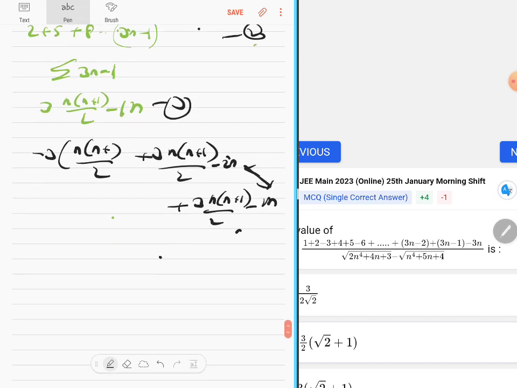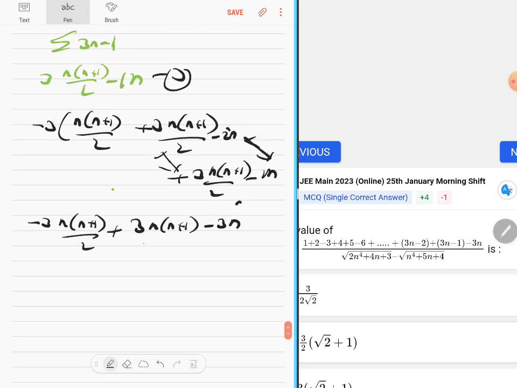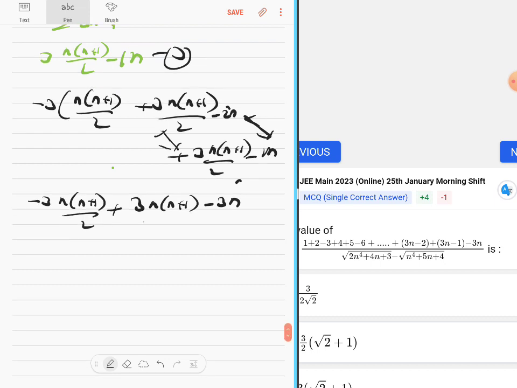So minus 3 on the whole is common. These will get added and become 6 into n into n plus 1 by 2. So on the whole it becomes 3 into n into n plus 1 by 2 minus 3n, and this is minus 3 into n into n plus 1 by 2. So you got the numerator, and you're going to solve this numerator.